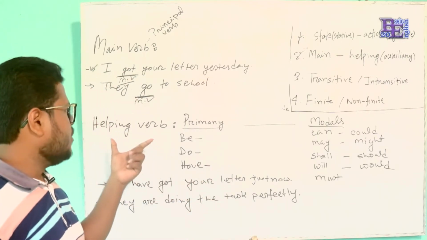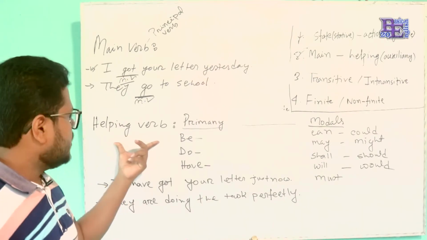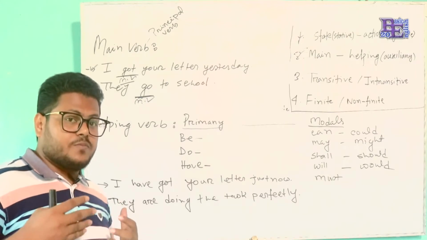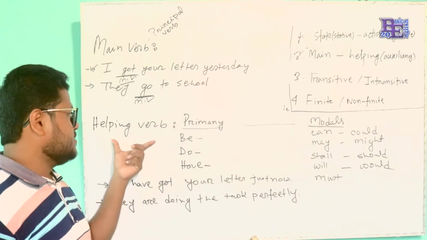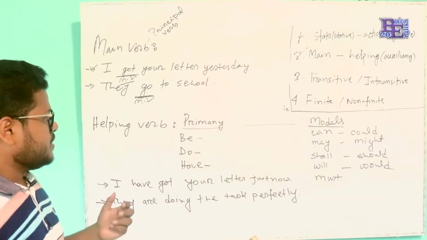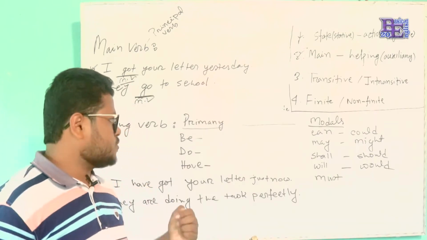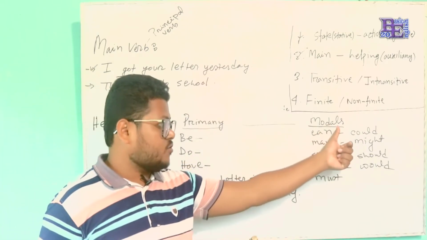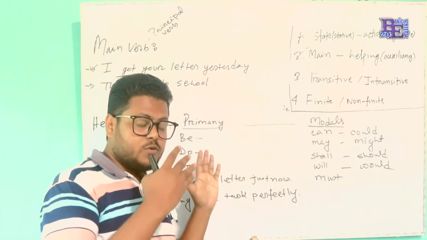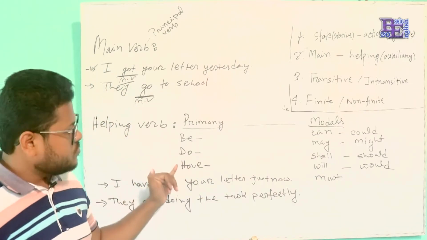Another name of the helping verb is verb of tense, as it is actually used to express the tense. So let's see. As you can see, helping verb is of two types. The first one is primary and the second one is modals. So let's talk about the primary auxiliary verbs, that is, be, do, have.